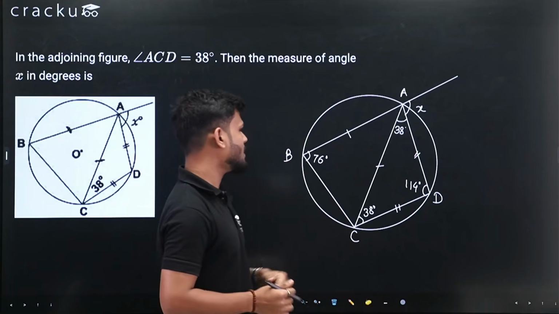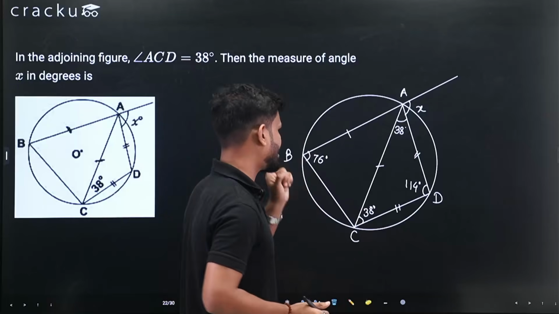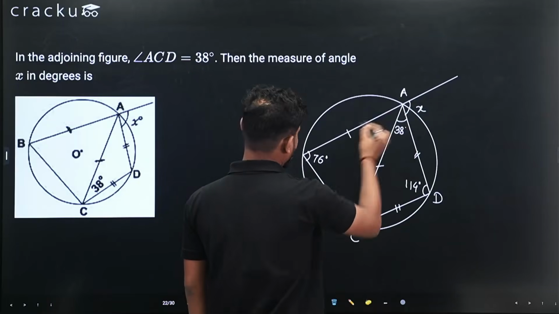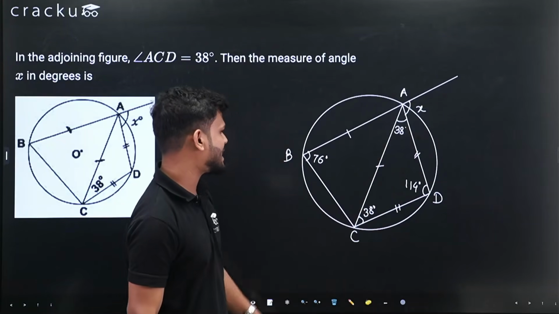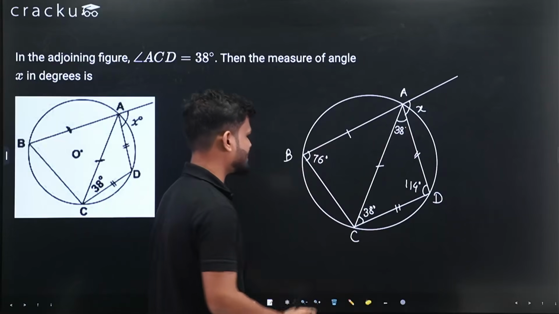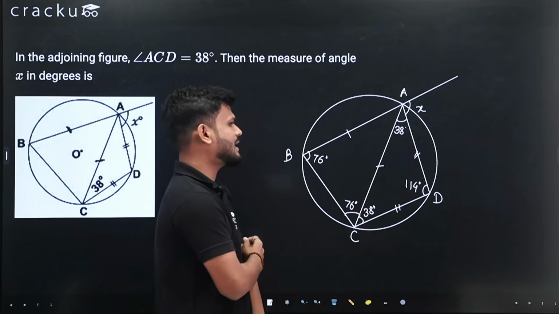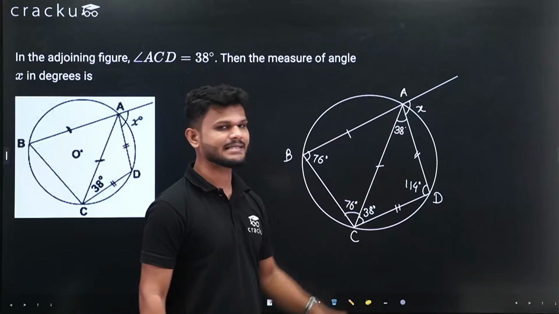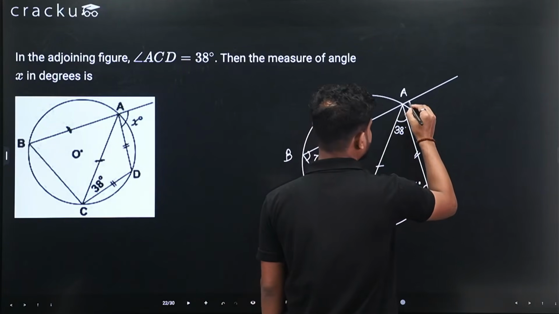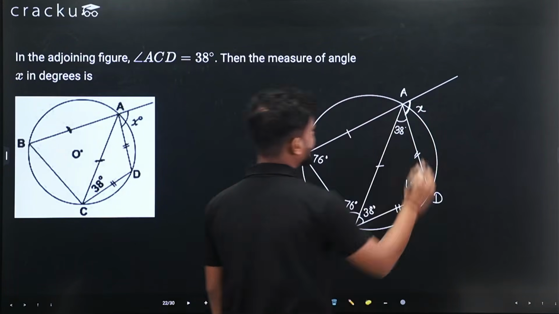Now, if this is 76 degrees, then what can you say? ABC is an isosceles triangle where AB is equal to AC. So this will be what? This will be 76 degrees. Now, as ABCD is a cyclic quadrilateral, this angle is an exterior angle.